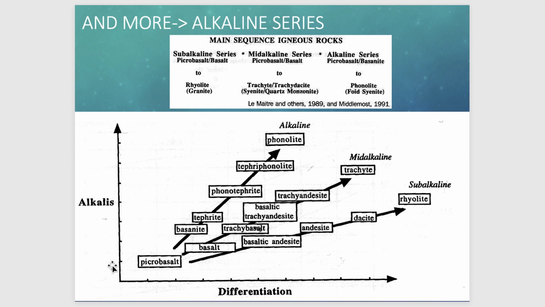So the alkali content controls the series in which you are, and the silica level instead will control the differentiation. So these are powerful tools that usually petrologists will use to infer the origin and tectonic setting in which the magmatic event occurred or is occurring.